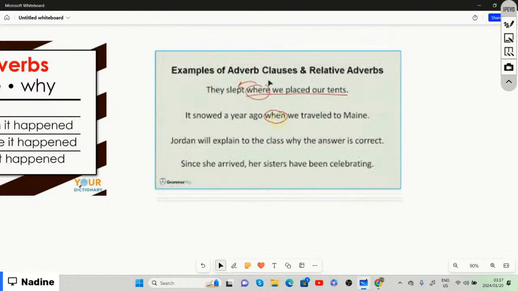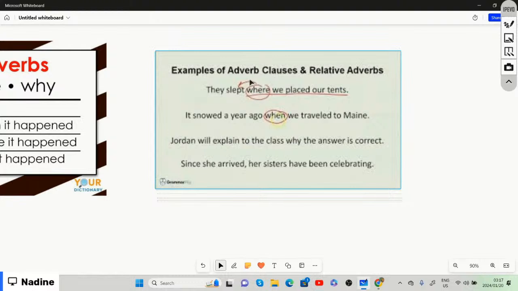So that word where modifies the noun, which is where they slept, right? Actually, slept is a verb. The word where is our relative adverb.